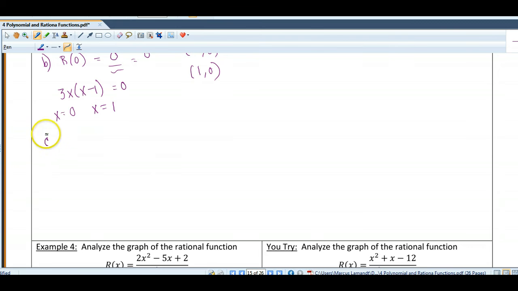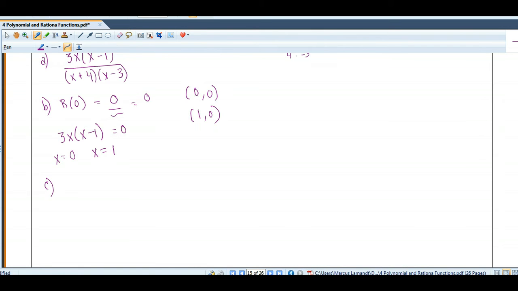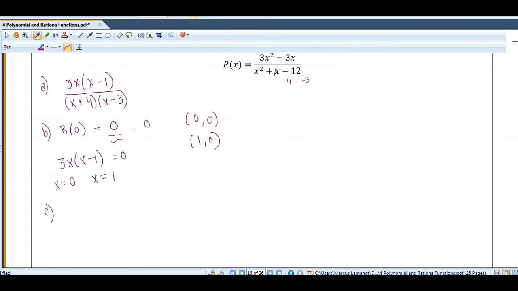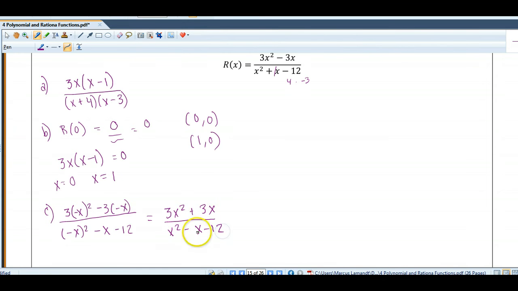Next step, let's test for symmetry. Forgot the function already. Okay. If I plug in a negative x, I'm going to get, I'll just write it out, positive 3x squared plus 3x over positive x squared minus x minus 12, which is not the same as this, so it's not even.